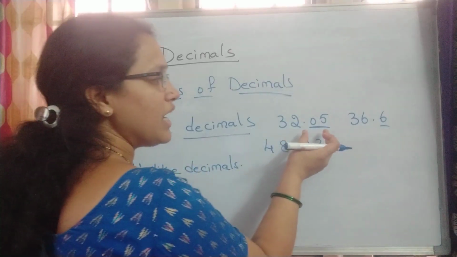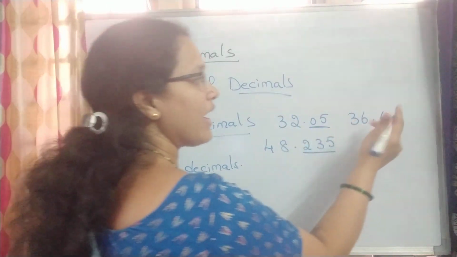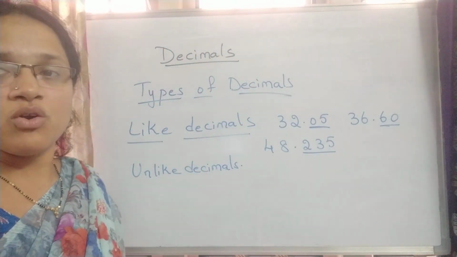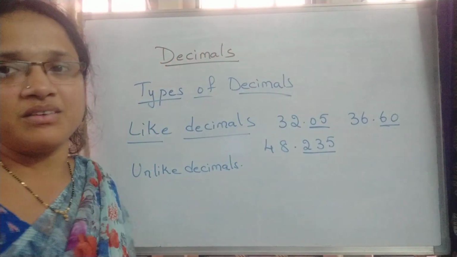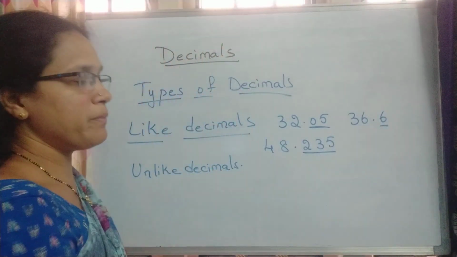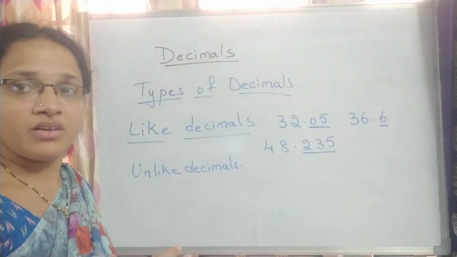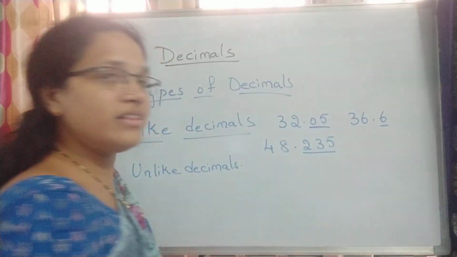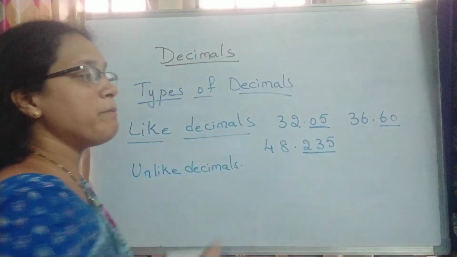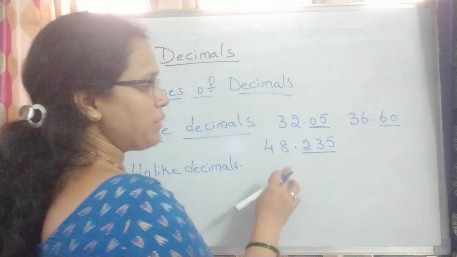Suppose in the first I have 2 digits after the decimal point. Here I have only 1 digit, but I can place 0 here and make them like. Actually this is unlike, because this has only one decimal place and this has two decimal places. But you can make them like by adding zeros and making the number of decimal places equal. Okay, and now see here 48.235.